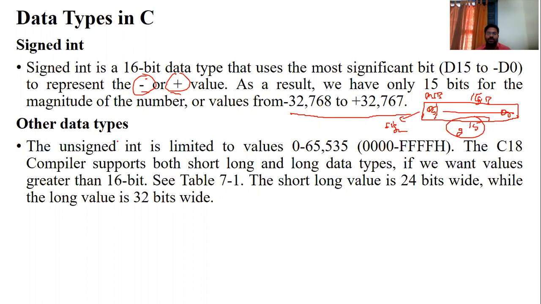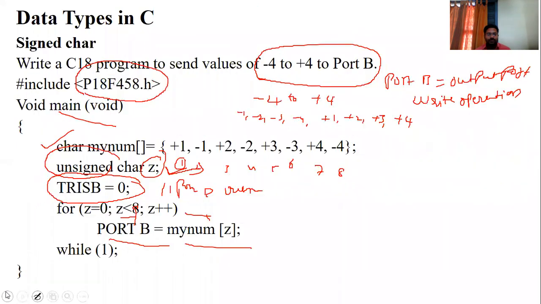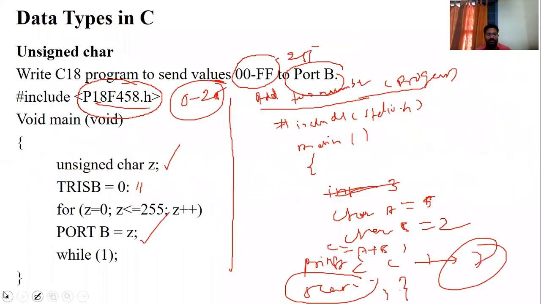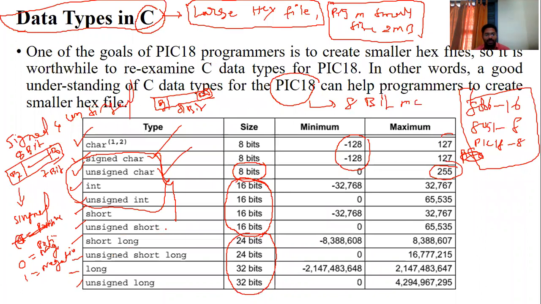What are some other data types? We can use the short and long data types as well. Other data types we are using, see this table: unsigned short long, signed short long, signed long, unsigned long.